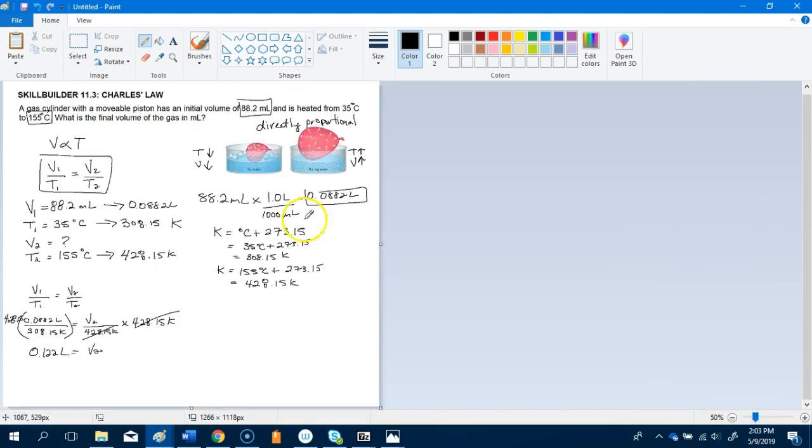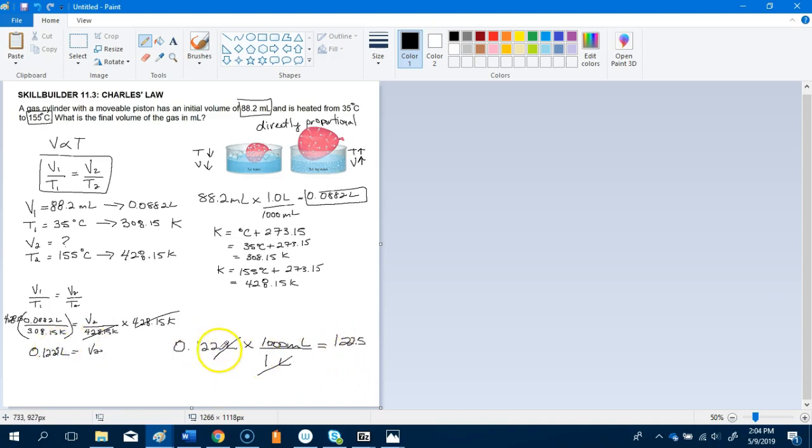Now the question asks, what is the final volume of the gas in milliliters? So I have to do one final conversion, and that is 1,000 milliliters equals 1 liter. So I will do 122.5 milliliters, because this is actually 0.1225 liters.